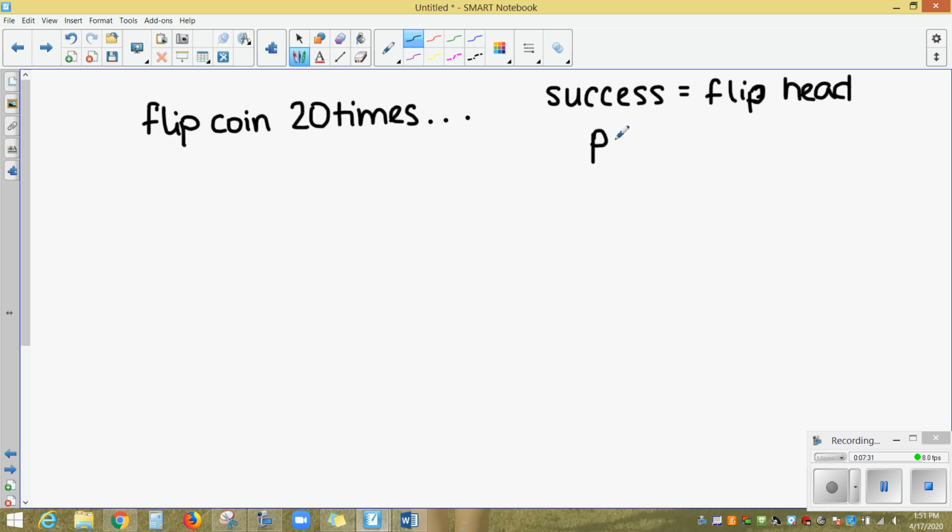So the probability of success is denoted by lowercase p, and the probability each time I throw a coin of flipping a head is 1/2, or 0.5.